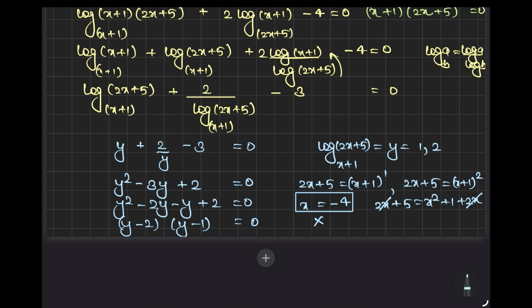So 2x gone. So x square is coming out to be 4. This means x is coming out to be 2 and minus 2. You know that a negative answer cannot be acceptable because it is given that x is a positive number. So x equals 2 is the correct value of x.